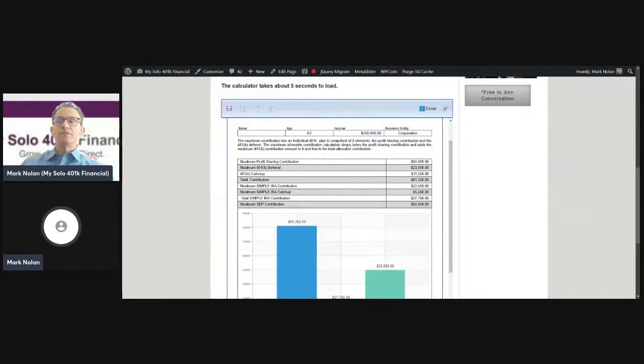So if we add 50,000 of employer Roth solo 401k contributions plus 23,500 of employee Roth solo 401k contributions plus $7,750 of catch-up contributions, you can contribute a total of $81,250 in Roth contributions.